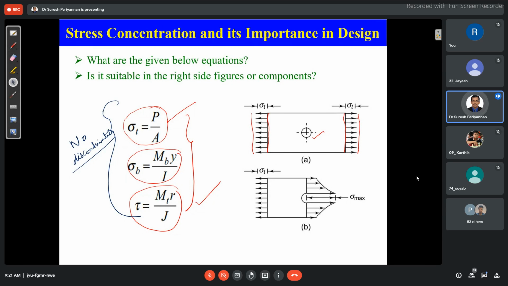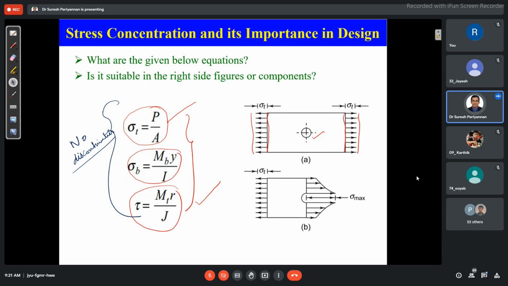Another point, I tell you point by point: we need holes, keyways, oil holes, grooves and splines, etc. Right? Such a design is required based on our machine operating condition, as well as for fabricating our components with each other, with the help of bolts, nuts, pins, or welding, right?